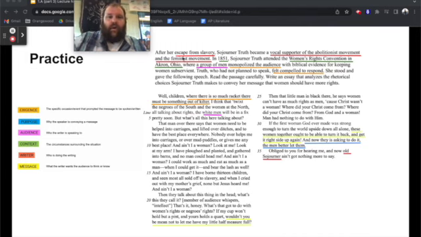Okay, so a lot of it is in the prompt. She escaped from slavery. That's going to affect how she speaks about these things, right? She was a vocal supporter of the abolitionist movement and the feminist movement. That's important.